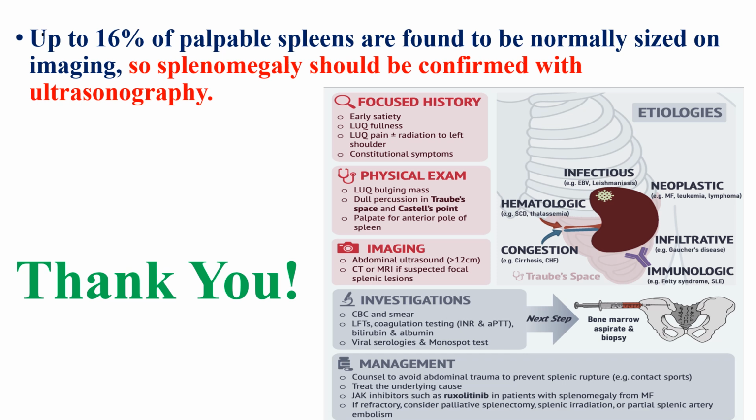So when we find a baby or a person with splenomegaly, a focused history is important. History focused on the underlying cause and also complications. And imaging should be done. Abdominal ultrasound is very important. It tells us whether the enlargement of the spleen is splenomegaly or normal size for age.